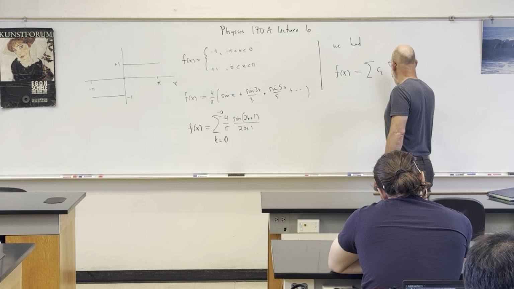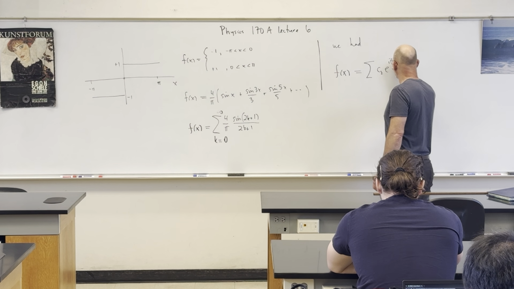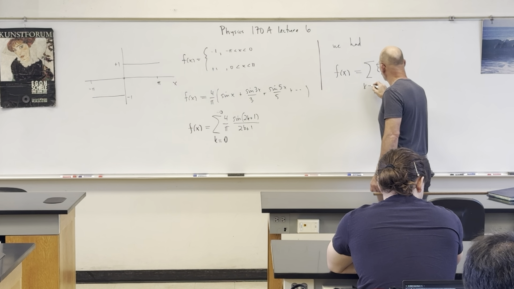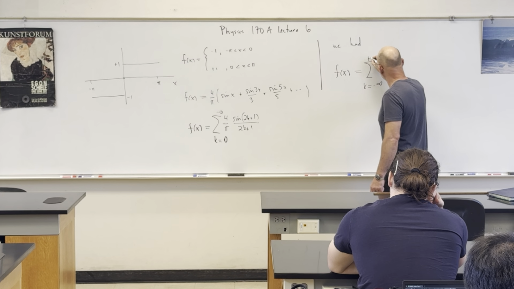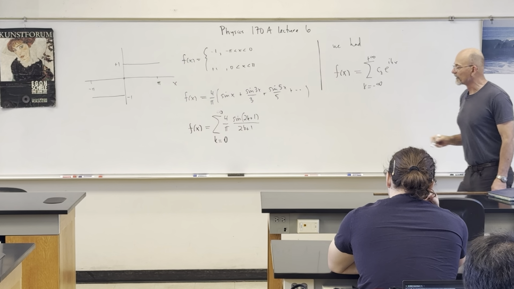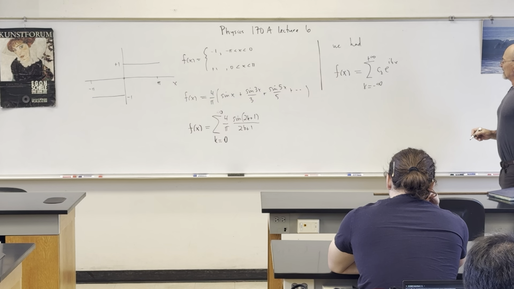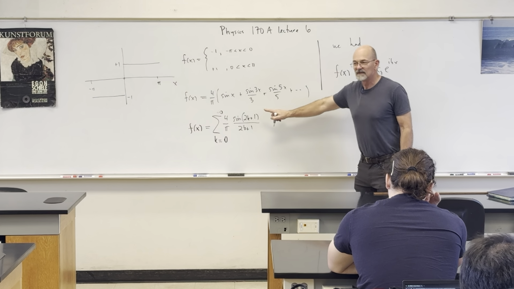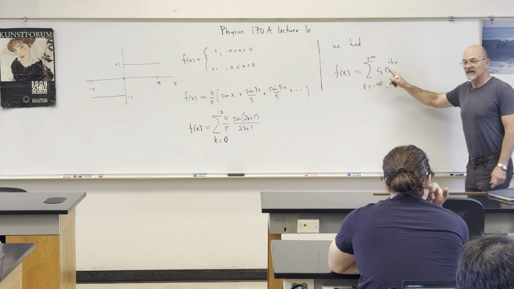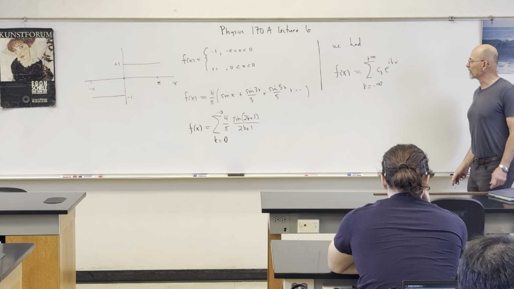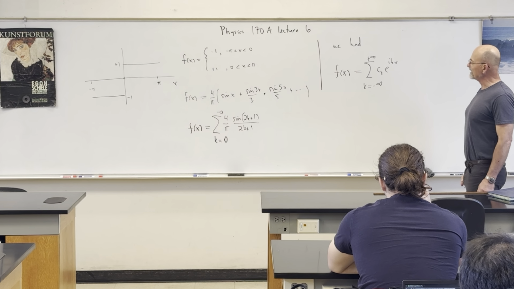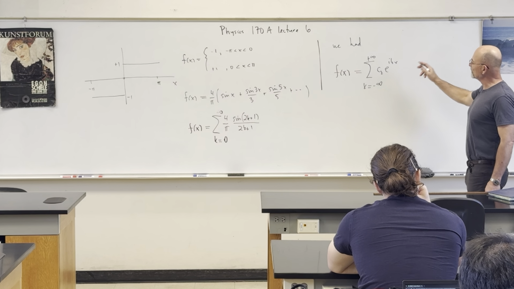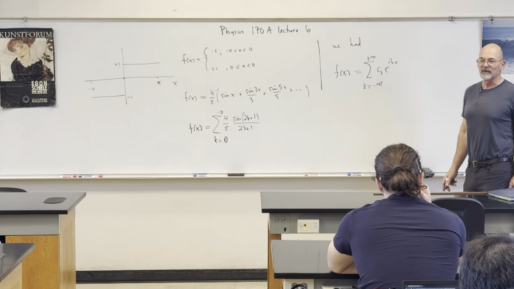We have a c sub k e to the i kx, k equals minus infinity to plus infinity. And so you notice the result was real. We started out with a bunch of complex numbers. So those steps that I did in the proof last time, it would be good for you guys to review those.